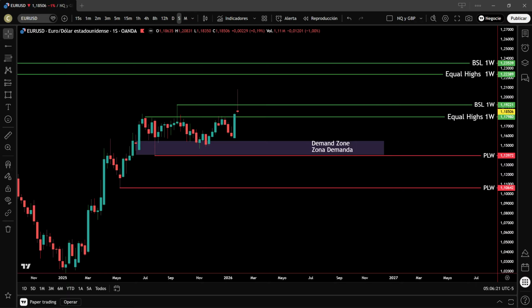These act as invalidation levels for the short-term bullish bias. On the upside, price is challenging the equal highs at 1.179 and the buy-side liquidity at 1.192. Capturing this liquidity is essential to confirm whether the market has the necessary strength to pursue the 1.22 macro targets, or if, conversely, we will see a reversal toward the demand zone to collect pending orders before continuing the move.